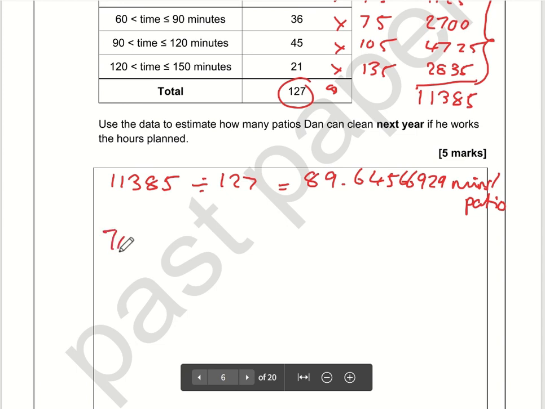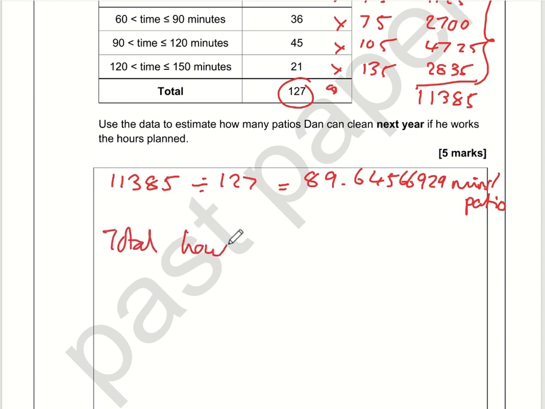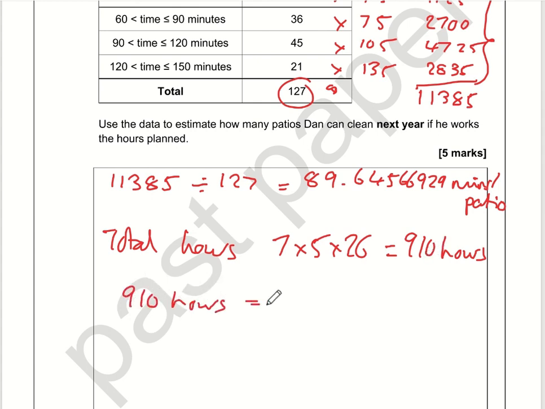Total hours is 7 hours a day times 5 days a week times 26 weeks for the spring and the summer, and that is 910 hours. Now, since I've got this in minutes, I probably want to turn this into minutes as well. 910 hours equals 910 times 60, which is 54,600 minutes.